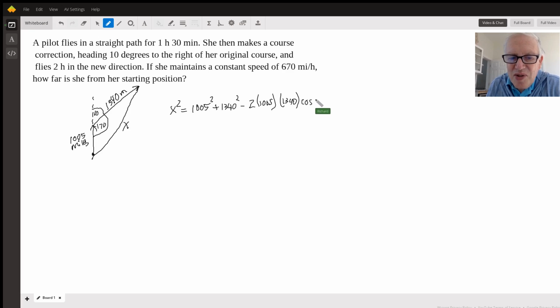There's a lot of computation here, but it's not too bad because we're going to be allowed a calculator. So that's what the law of cosines says.